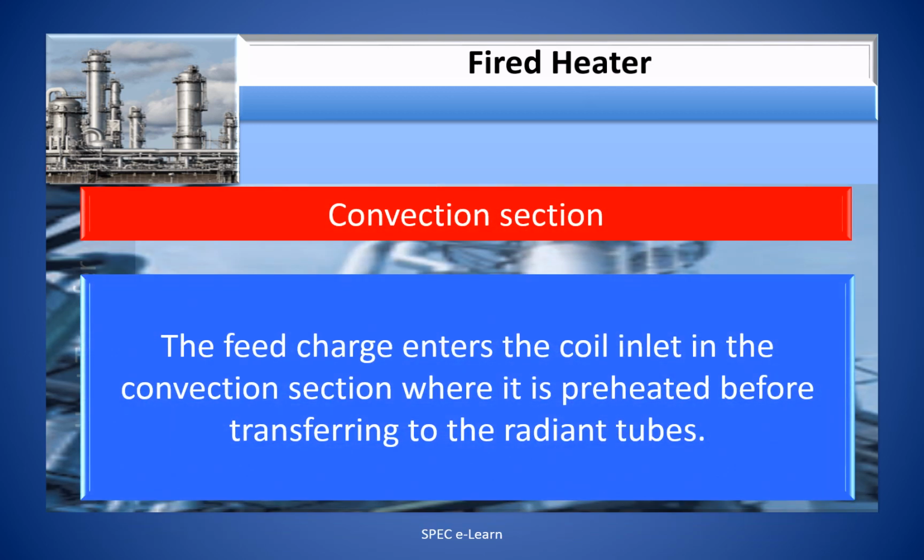The next is the convection section. The feed charge enters the coil inlet in the convection section where it is preheated before transferring to the radiant tubes.